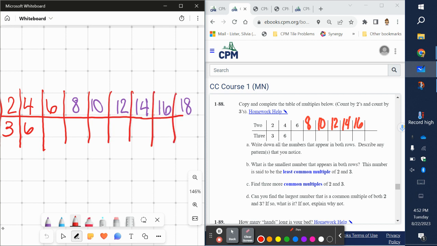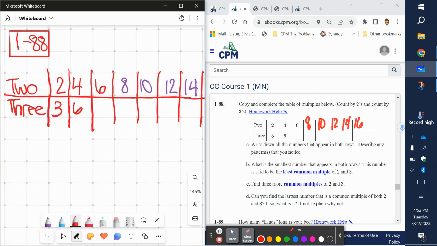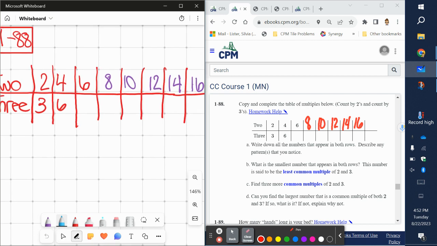I'm ready. So after 3, I add 3 more, and that gets me 6. And if I add 3 to 6, I can try to do it in my head, or I can try to do a calculator, or I can just do 6, and I can count 7, 8, 9. Okay, so this is going to become 9.